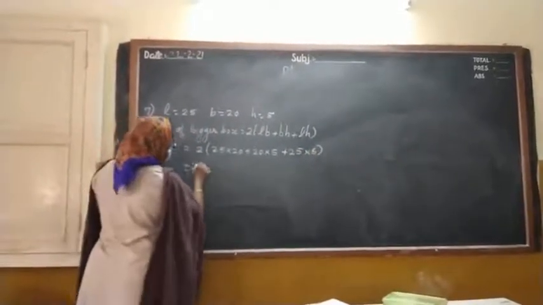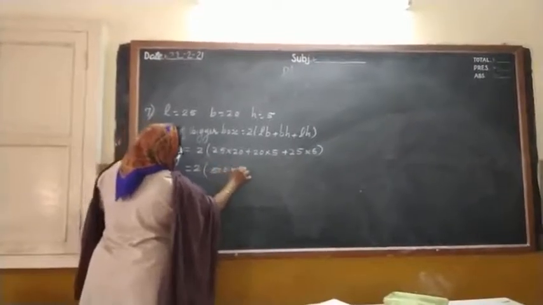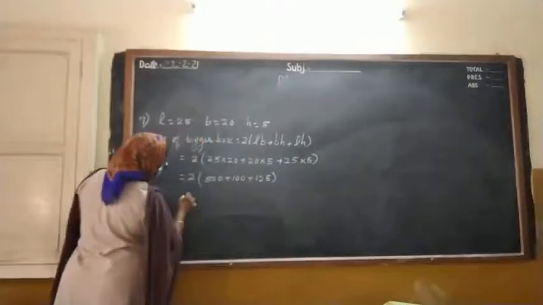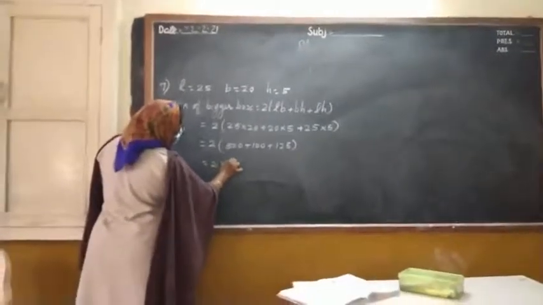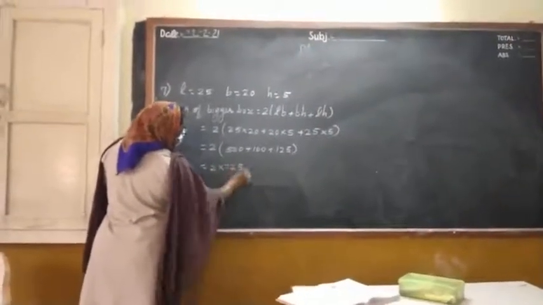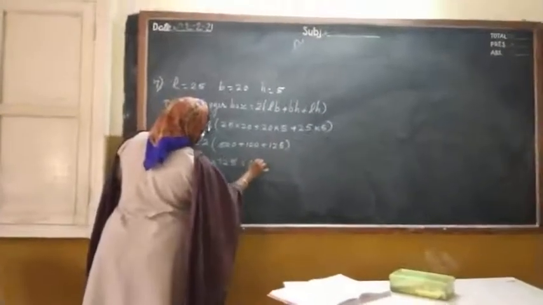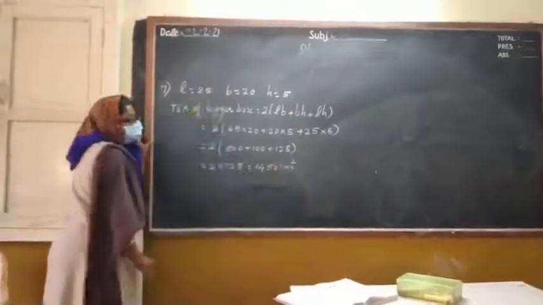Now 500, 500. 100, 125, 125. 725. Yeah, 725. Now it will be 1450 centimeter square.